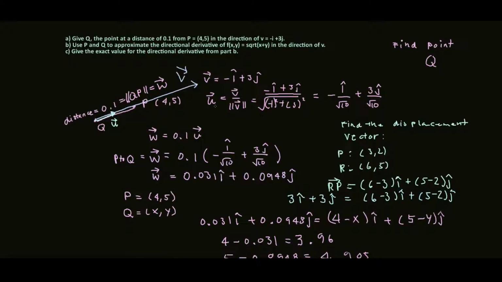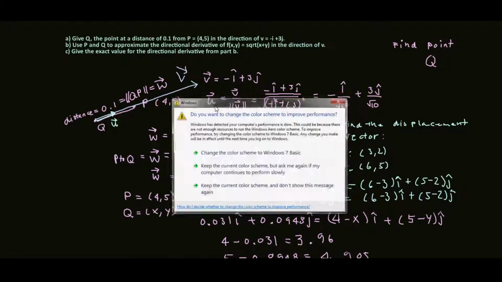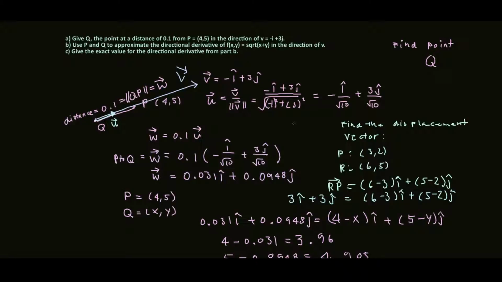That means that W is in the same direction as the unit vector, and the unit vector is also in the same direction as V. But in order for us to find the vector W, we need some kind of standardized unit.